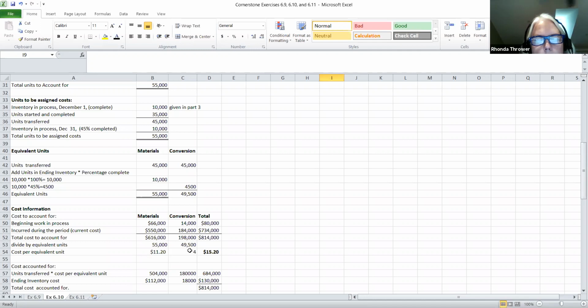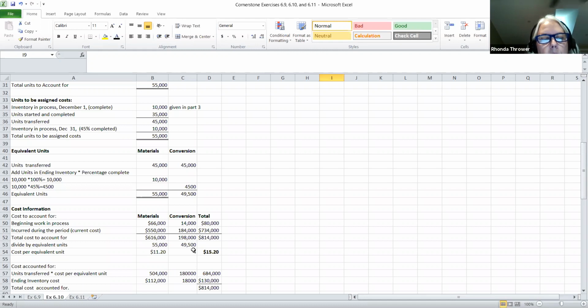For conversion, our conversion cost beginning inventory plus our conversion cost for this current period added together is $198,000. We're going to divide that by our conversion equivalent units of 49,500, and that will give us $4 as our cost per equivalent unit for conversion.